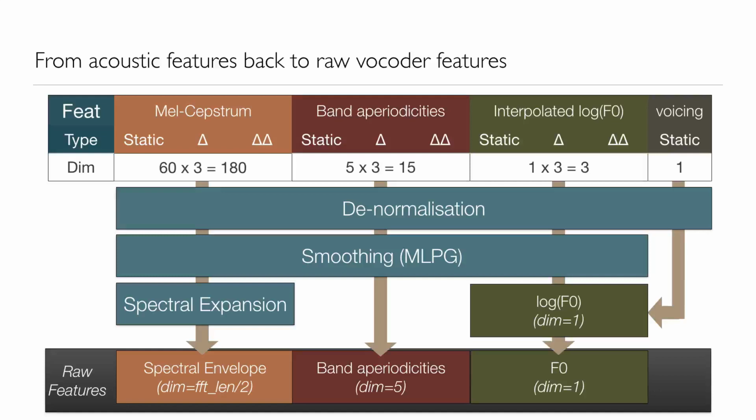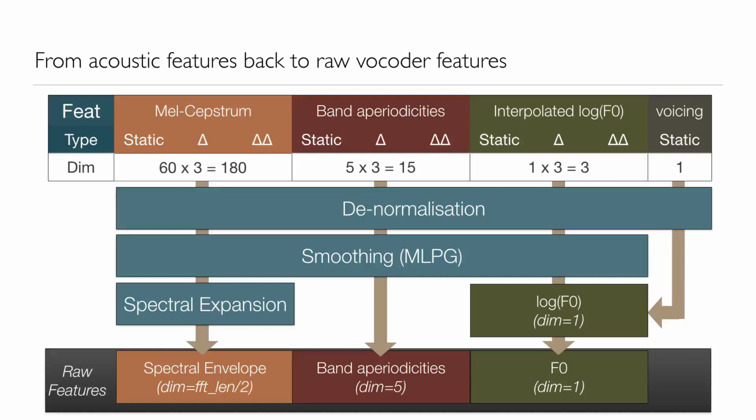Then, as we mentioned, the DNN produces frame-by-frame features, and unfortunately the trajectories of these features are not smooth. They jump, even though we use a recurrent neural network. So we need to use a method called MLPG, which is like a statistical filter, which smooths the features in a good way.